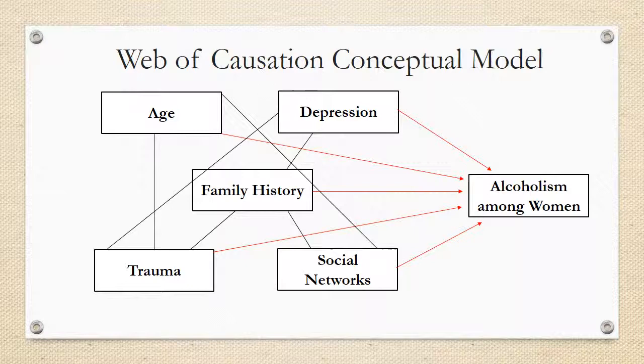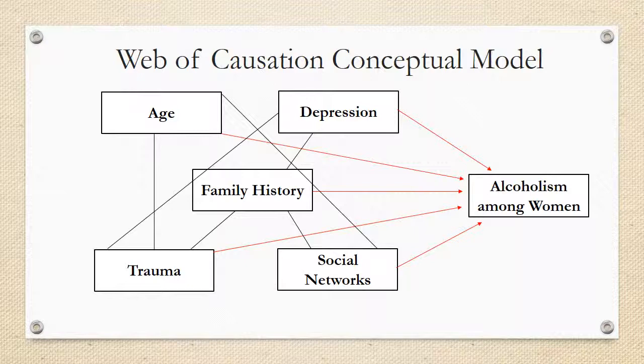So finally, we're at my web of causation conceptual model and how all 5 of these determinants may lead to alcoholism among women and also interact with one another. So here I've shown that family history can be linked with depression biologically, or because of social situations growing up in a woman's life.